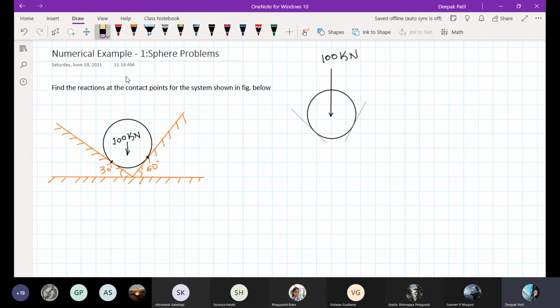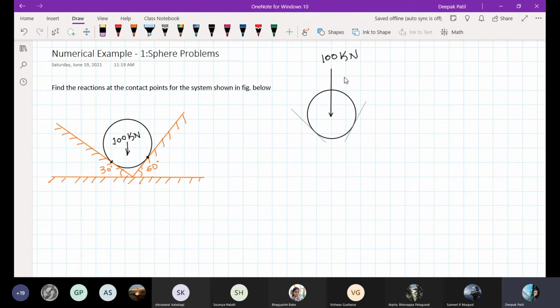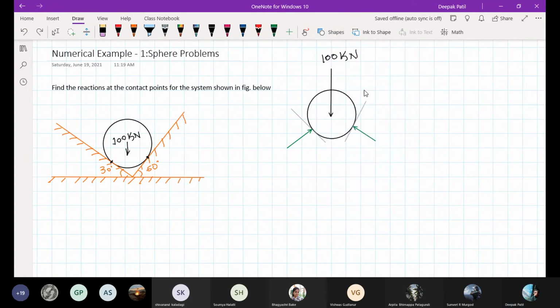And just now I told you that the reaction at a contact point will always be perpendicular to the contact surface. Means the reaction at this contact surface will be like this, and the reaction at the other contact surface will be like this.